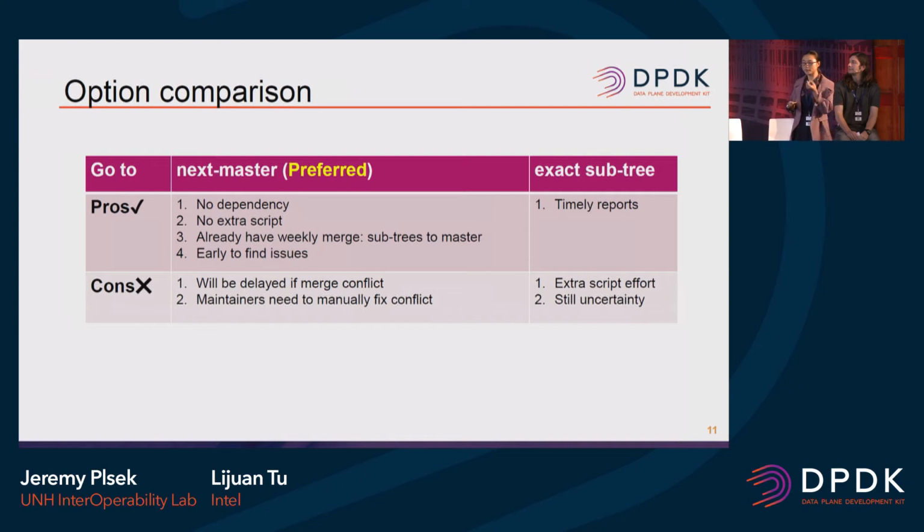Any patch set that may have some future dependencies will have them all in the next master. And we don't need any extra script or work in our CI, and we don't need any extra work involved from the community.